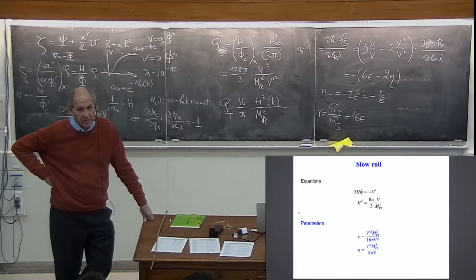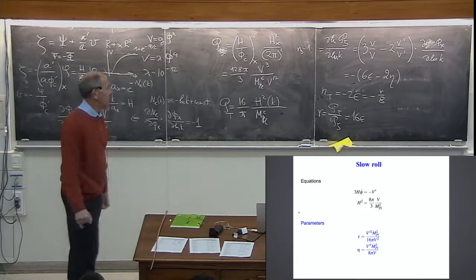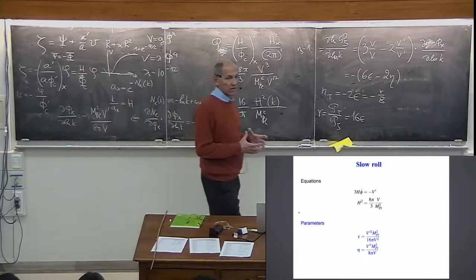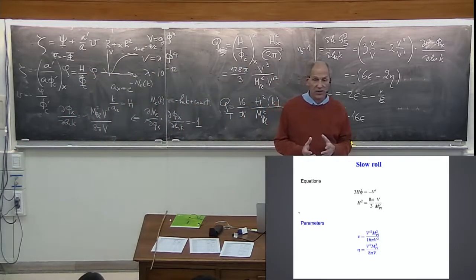Well, we did everything in d equals 4 dimensions. Are there generic predictions from putting in d dimensions? I don't know of any generic prediction. Everything is model dependent, because you have to stabilize the sizes of these extra dimensions.